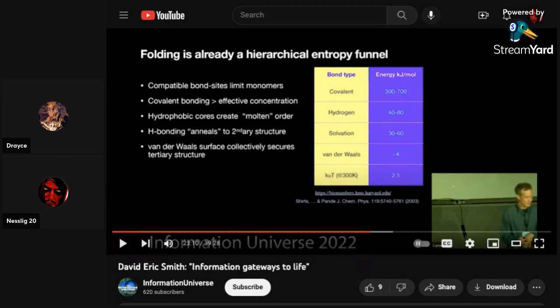That's really interesting. Pretty awesome. Yeah, and I think he talks about this later, but this also plays into why folding is probably independent of encoding, because you can have folding without being encoded necessarily.